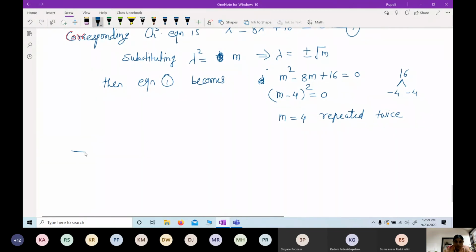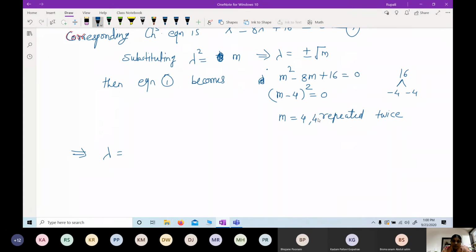Yes. This implies lambda is equal to plus or minus under root m. So which roots will I have? Under root m means under root 4, that is 2.